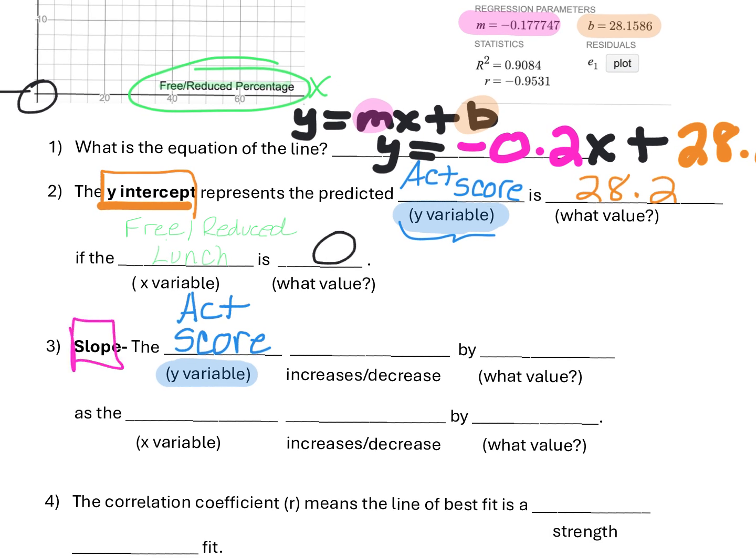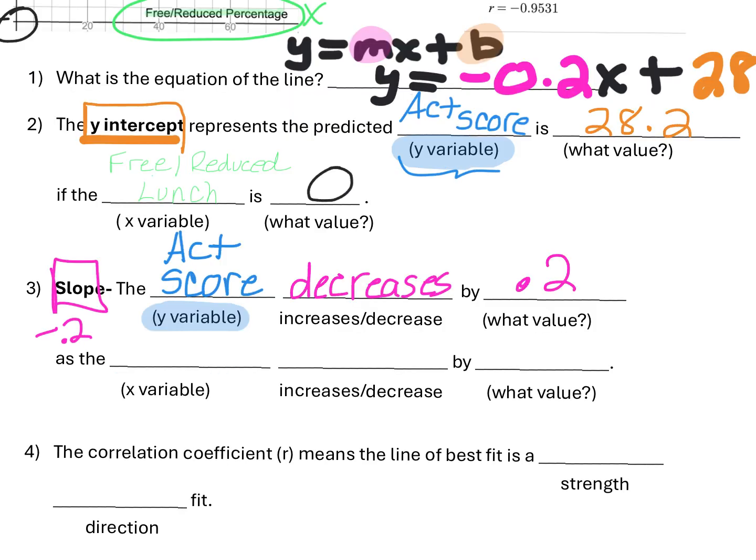Well, our slope is a negative 0.2, so that means the ACT score is decreasing. It decreases by 0.2 because the slope is a negative 0.2.